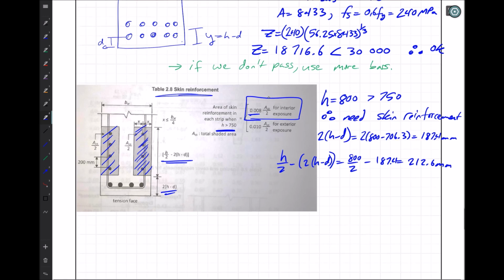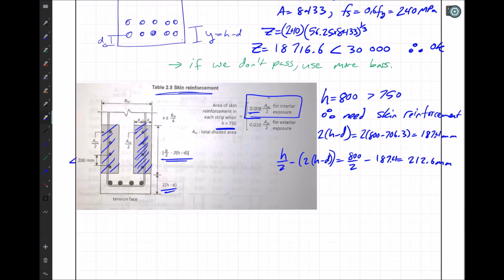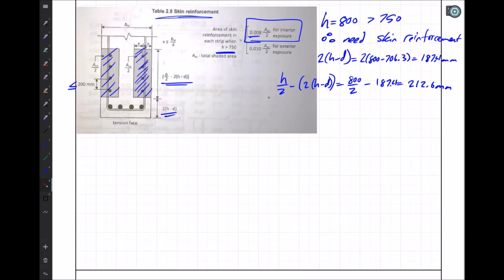Now, I'm missing a greater or equal to sign there, meaning we have to distribute reinforcement in this region that measures between 187.4 millimeters off the bottom up to 212.6. So in this region, we have to distribute with no more than 200 millimeter spacing an amount of steel along the height here. So let's take a look at what we need to put in there, and then we'll see what we have to do with it.